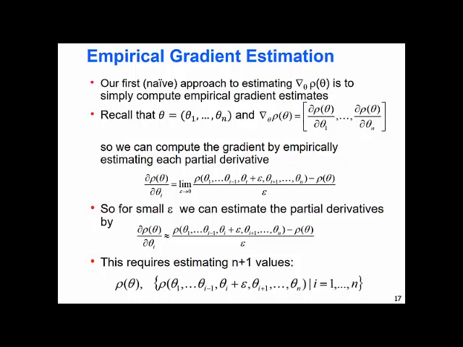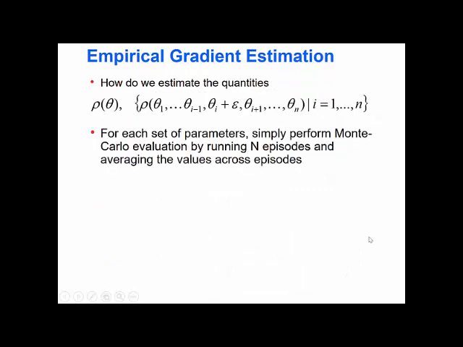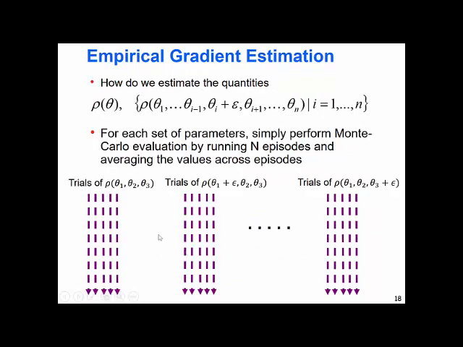So this would require some number of trajectories. This is how you visualize it. We're going to run the original policy n times, run the tweaked version n times, this tweaked version n times, and that's how much experience you need.